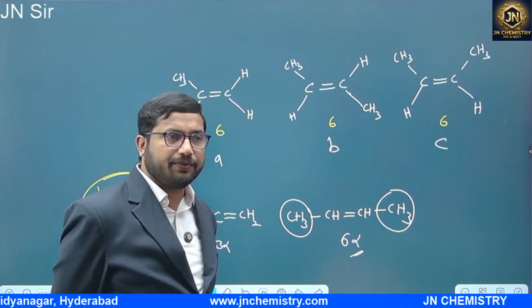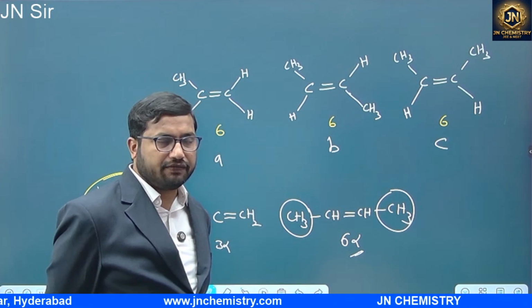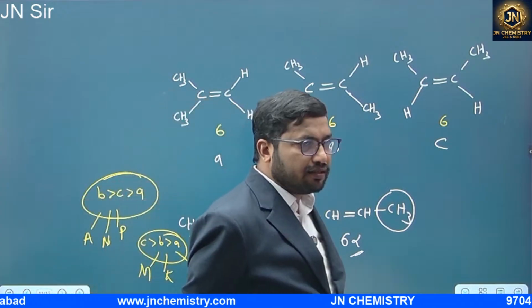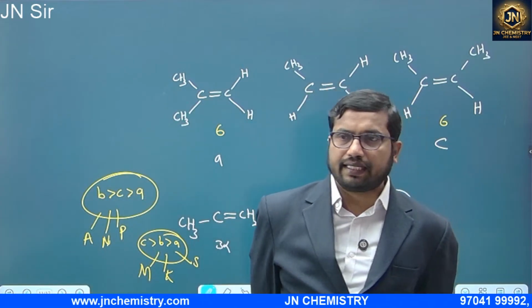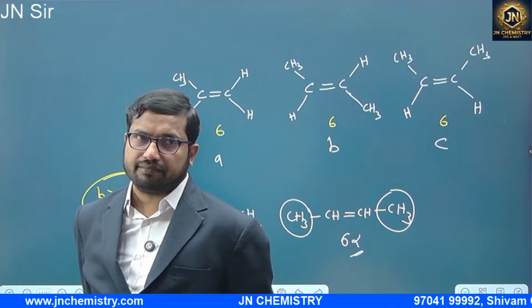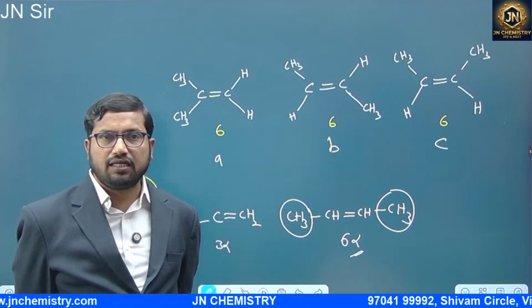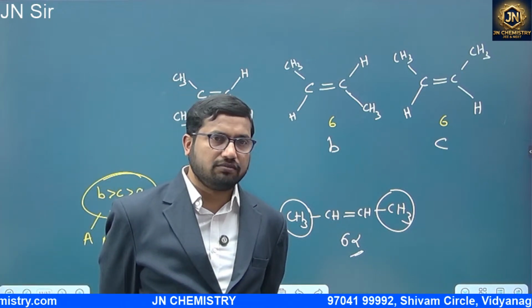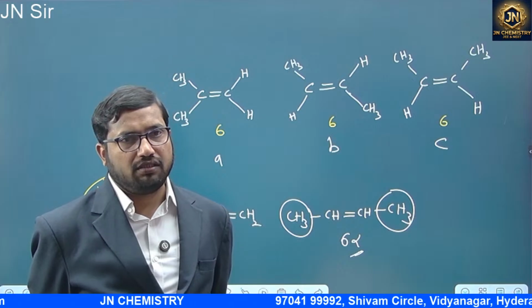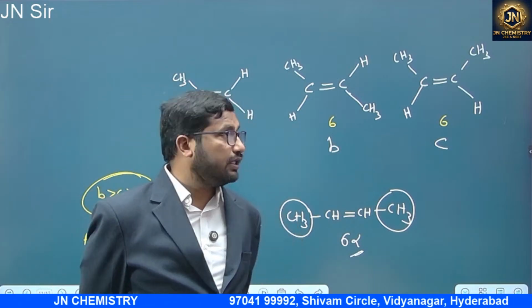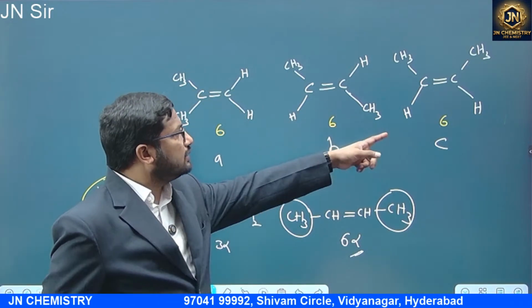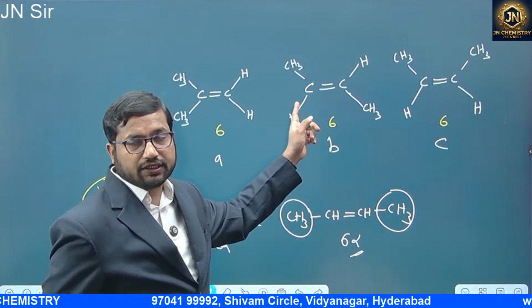Hyperconjugation and inductive effect. Inductive effect, I told you. In the case of hyperconjugation, all the cases are the same. Why the same? Because all 6 alpha hydrogens are the same. So we can't decide with hyperconjugation, but we can decide here with cis and trans. Trans is more stable than cis.